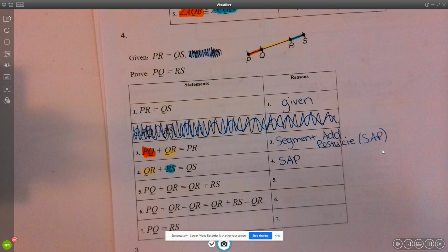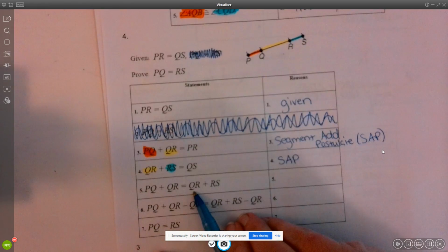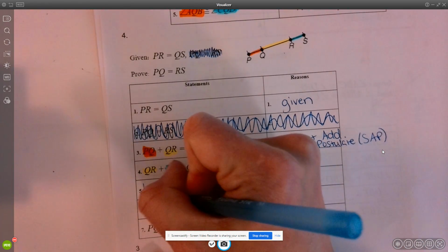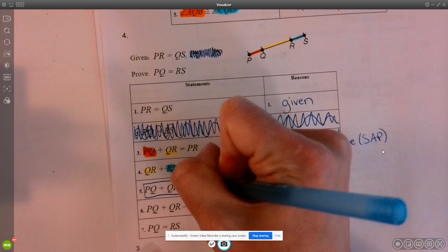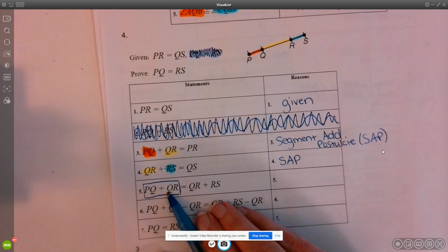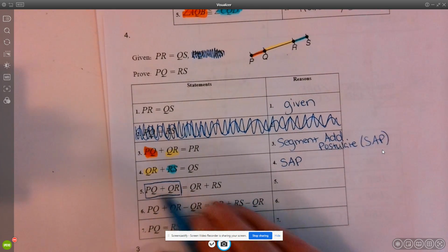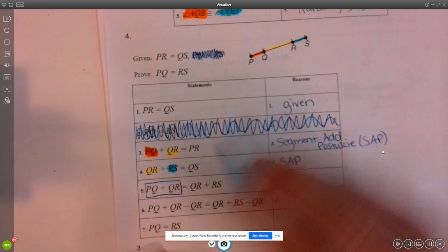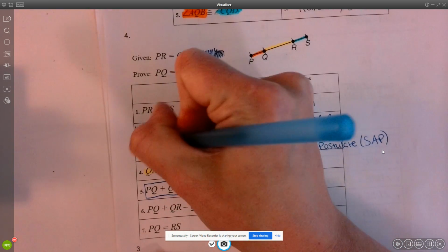One thing I'm noticing is in this equation, I have PQ plus QR on the left side of my equal sign. And sometimes it's helpful to see if you can find that somewhere up above. So this expression PQ plus QR, do I see that anywhere up above? Well, I see it right here, right?